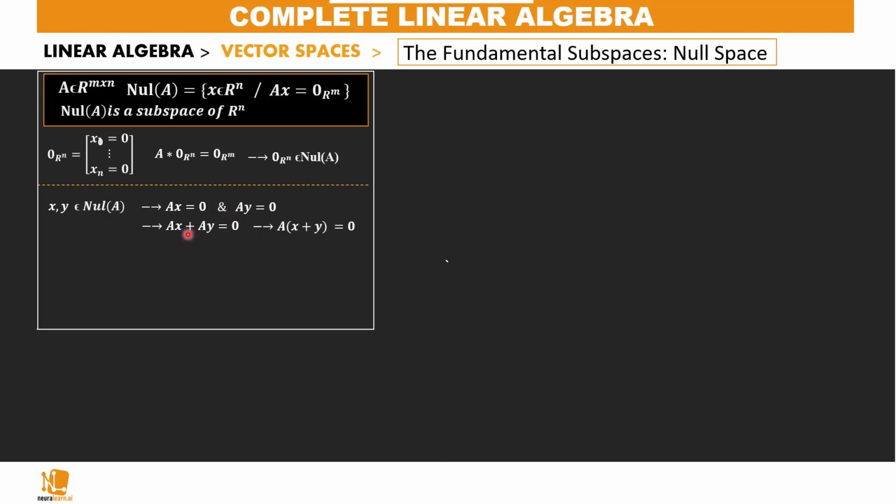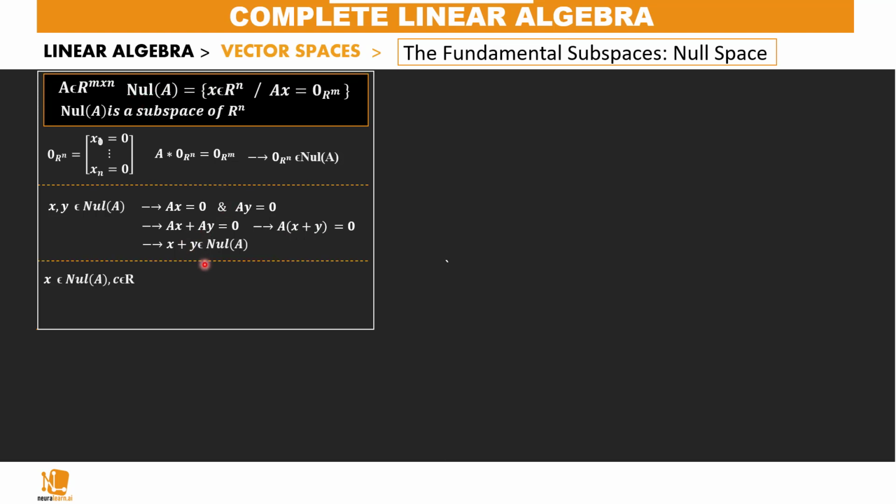This implies A times (x plus y) equals 0. This implies x plus y is an element of the null space of A, because x plus y, when multiplied with A, gives the zero vector of Rm, and so x plus y is part of the null space of A.